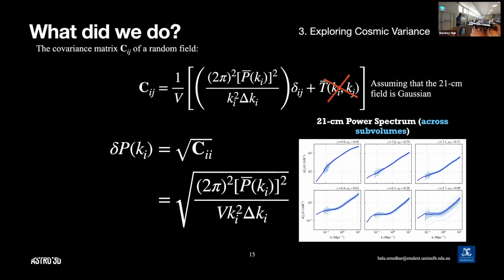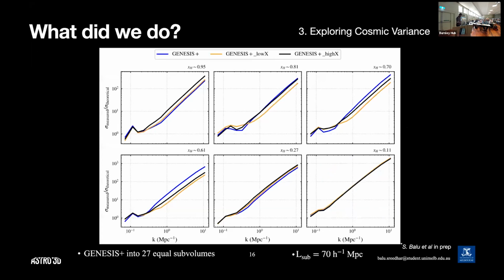So what I have done here is I have applied this formula, and I have also taken the standard deviation across the subvolumes. Now, if I take a ratio, if the field is actually Gaussian, it will be exactly 1. And as I'm sure most of you are aware, you will never get that value. So what do you see from this? It's essentially the sigma measured across the subvolumes divided by the sigma which you expect.